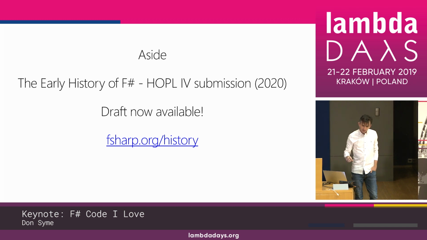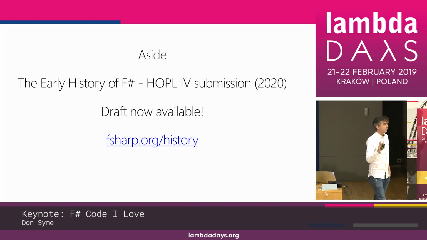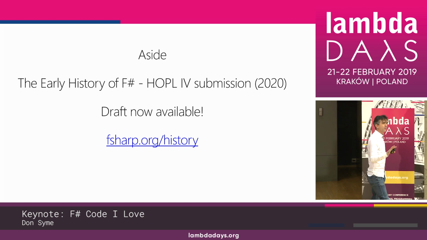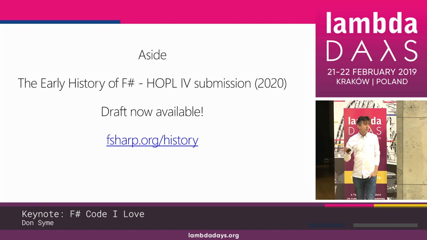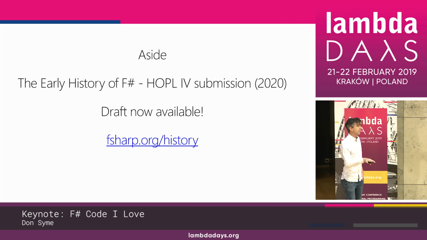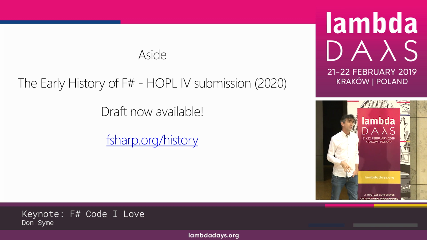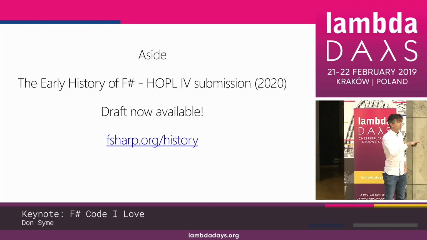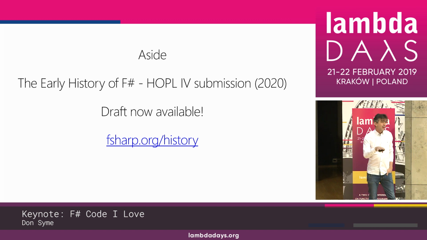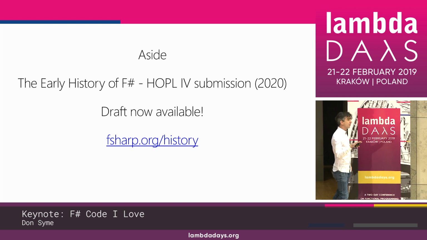Now, part of telling the history of F-sharp, the point where I start in the history of F-sharp paper is the creation of the first versions of the ML programming language. And it stretches back to roughly 1970, 71, 72. And for those who are into psychology, I'm sure it's no coincidence it's around about the time I was born.